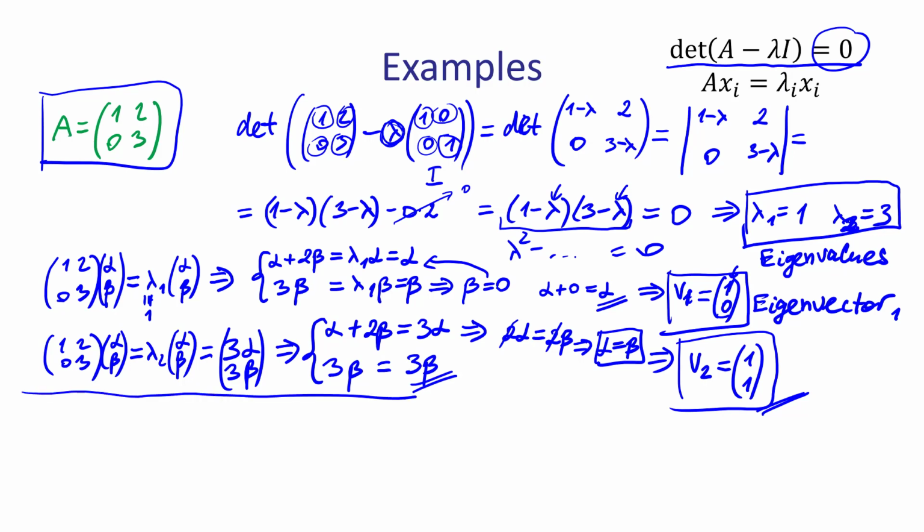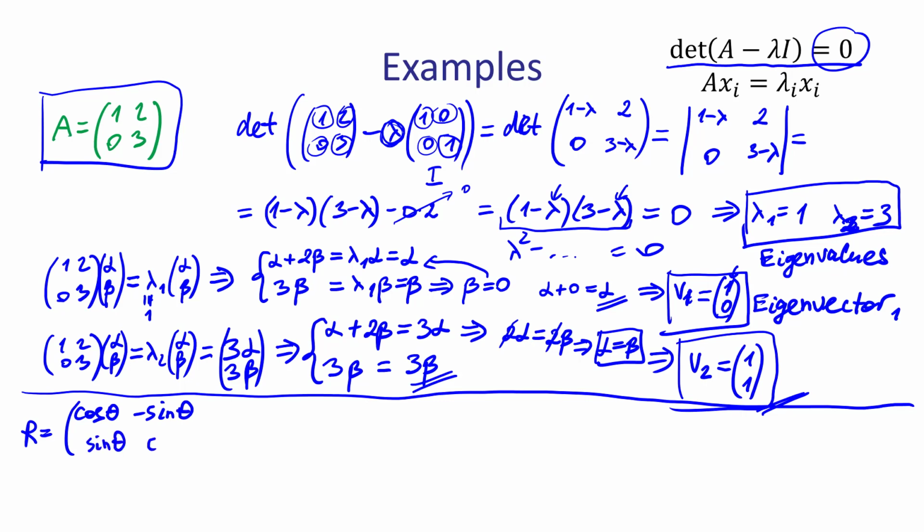Now, let's try some other example, and we will try to find eigenvalues for the matrix of rotation. So I remind you that the rotation matrix is cosine theta, minus sine theta, plus sine theta and cosine theta. So this is a matrix.